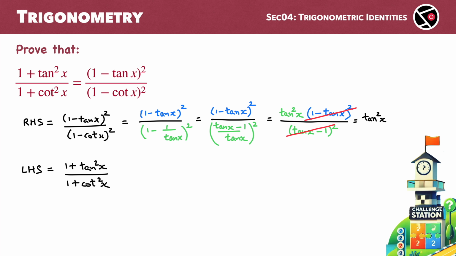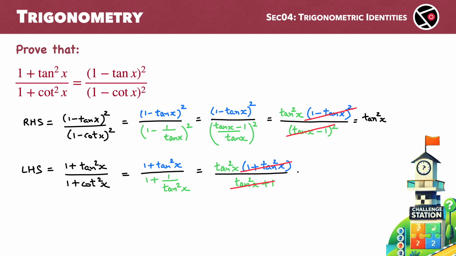Replace cot with 1 by tan and we get, so left hand side equals right hand side with both equal to tan square x. That's our proof. We are done.